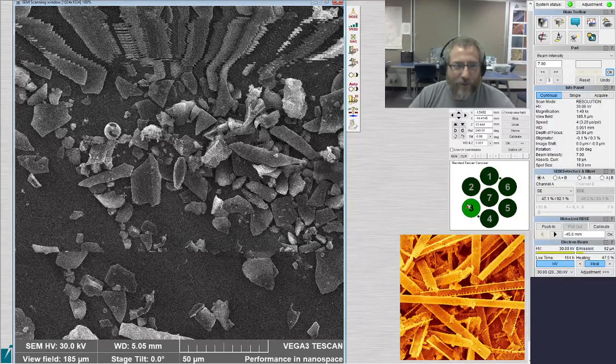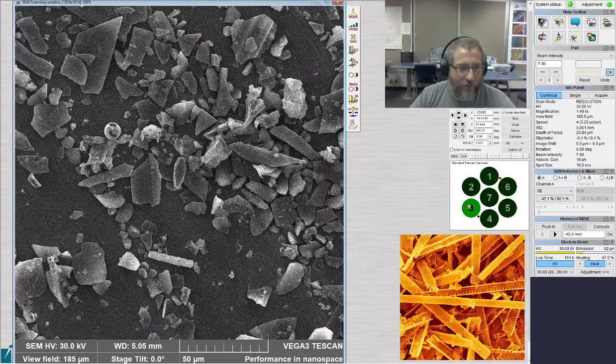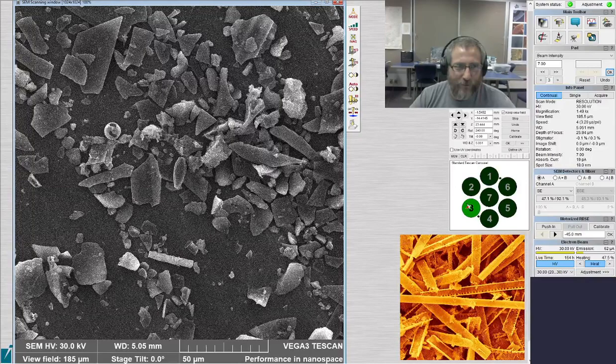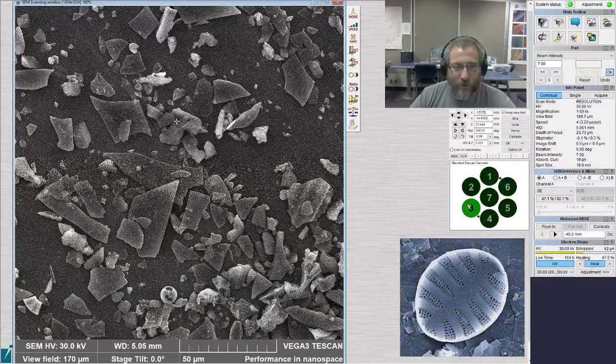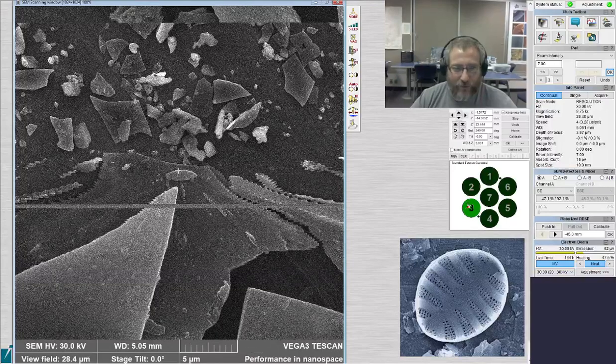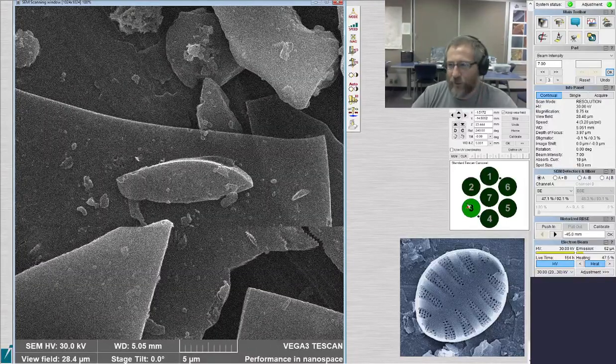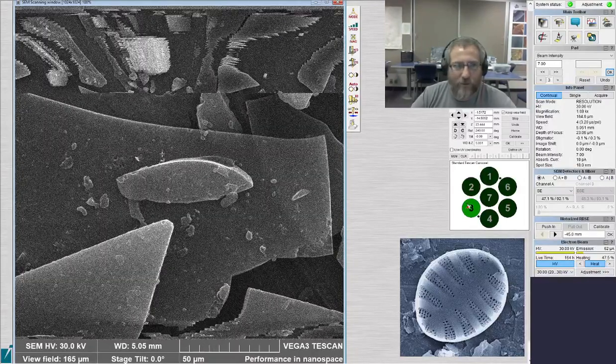Part of this came into conversation because of Joe's three-dimensional modeling of Stephanodiscus, which we observed in the paper that he put out. When did that come out? Just a couple of months ago, right, Joe? Yeah.